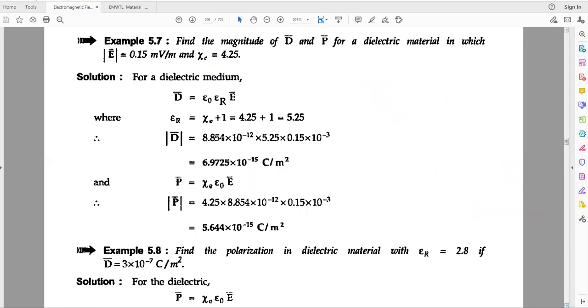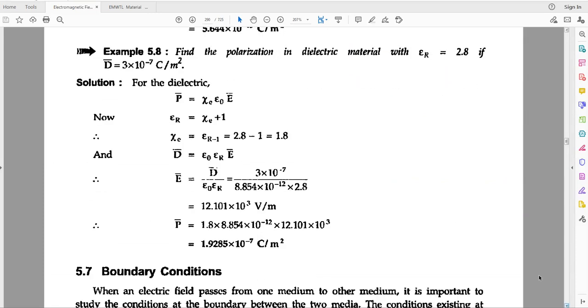The next example: find the polarization P in the dielectric material with given epsilon R as 2.8, if the D bar is given. So D is given and epsilon R is given. What is epsilon R related to the χe value?